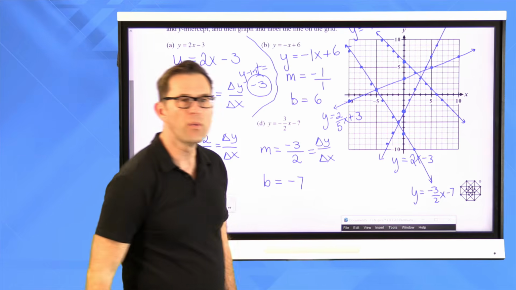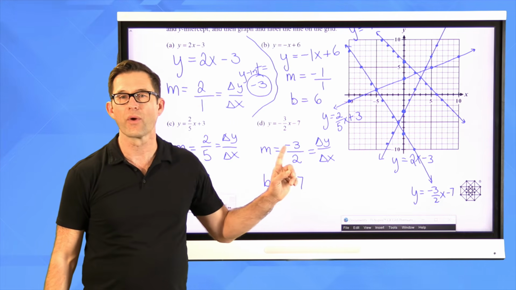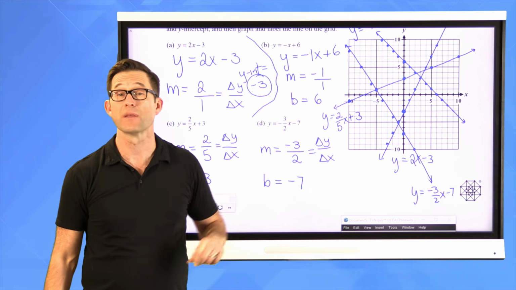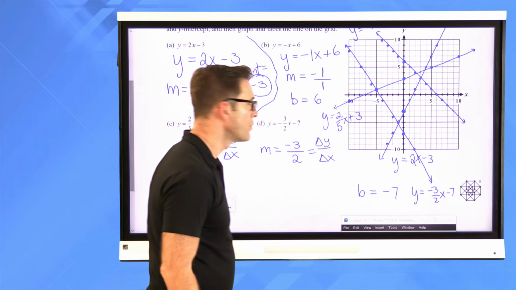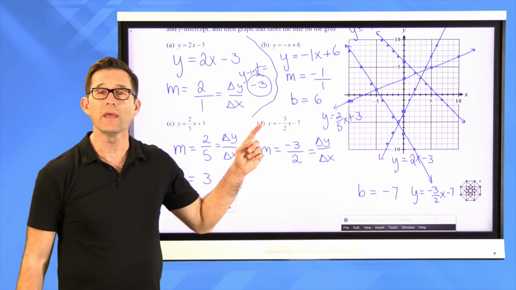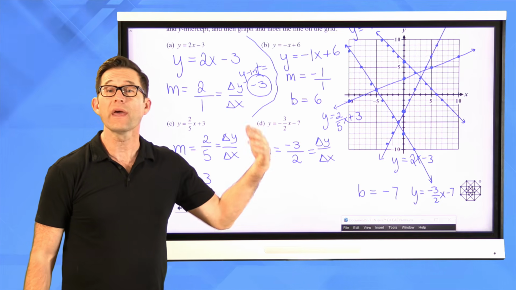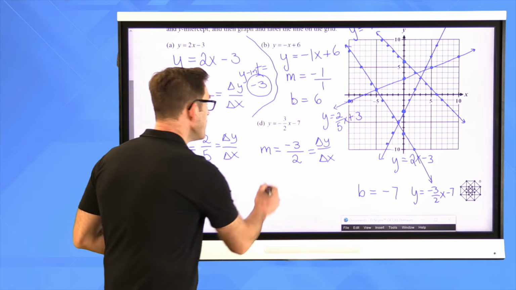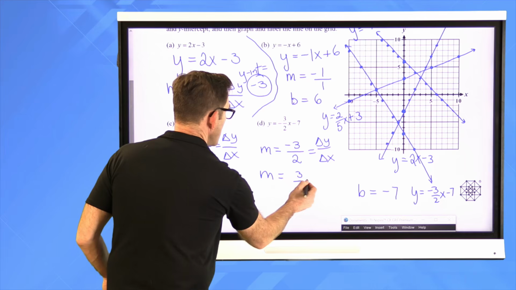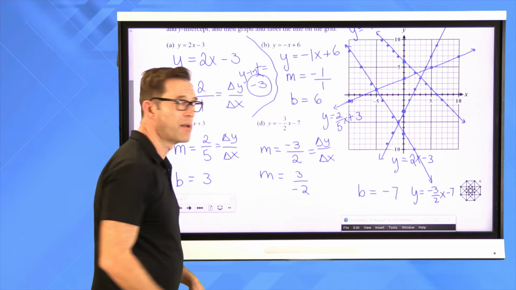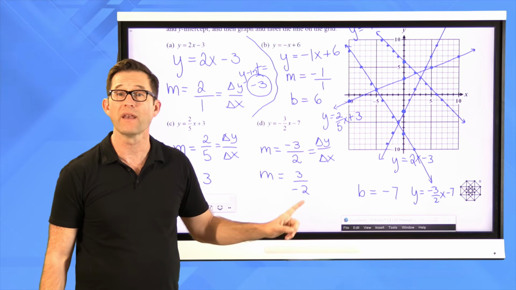You know, one thing I do want to mention before we kind of wrap this up is I very casually was like, oh, you know, you go 2 to the right and 3 up, and then you can just reverse the pattern. By the way, one of the reasons that you can reverse the pattern, let me move my b equals negative 7 out of there, is because we can look at the fraction negative 3/2 in 2 distinctly different ways. We can look at it as negative 3 divided by 2, but because a negative divided by a positive is equal to a negative, right, or a positive divided by a negative is equal to a negative, we can also look at negative 3/2 as being 3 divided by negative 2, right?